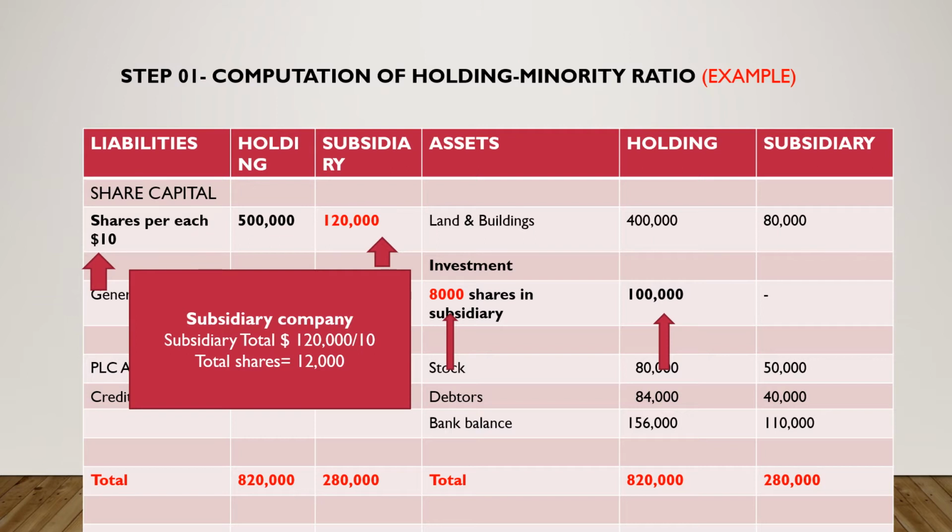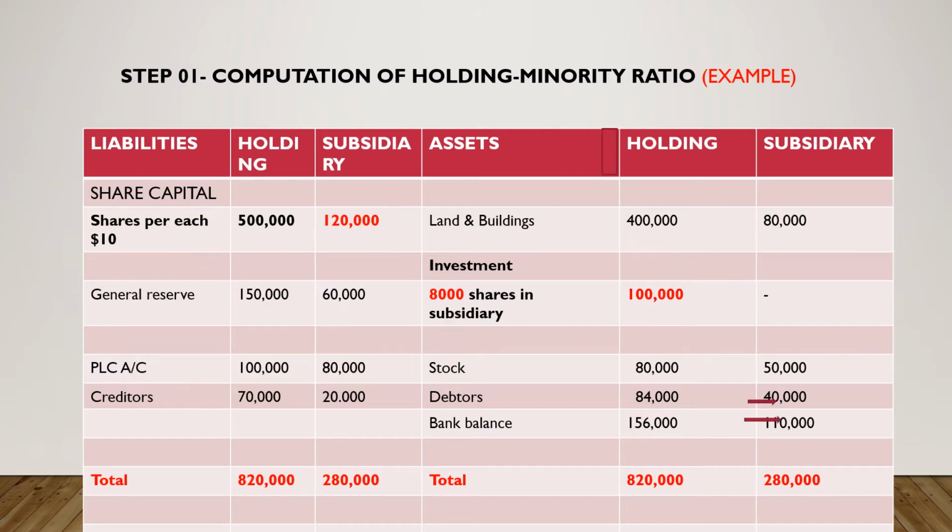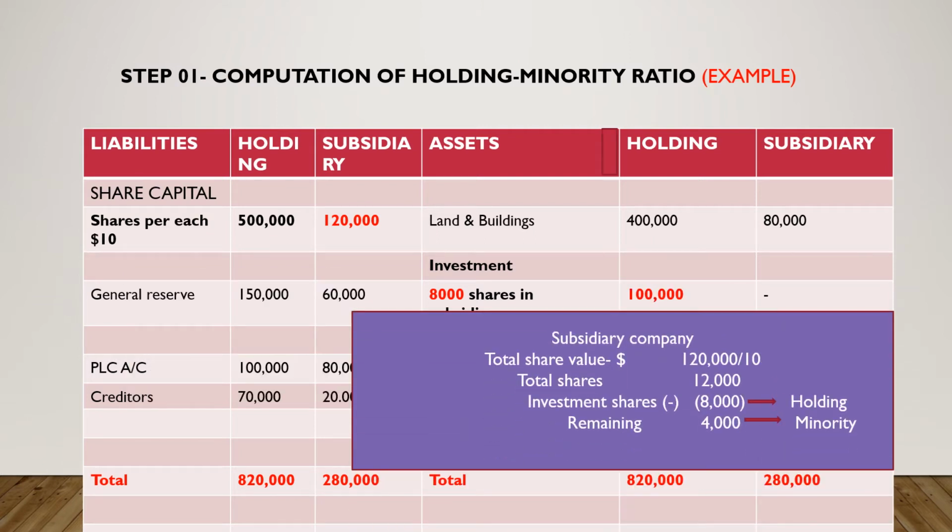That ratio between the holding and the rest of the shares is called the holding and minority ratio. Let me show the calculation of how to calculate the holding and minority ratio. Look at the balance sheet. Share capital of the subsidiary company is 120,000, and the share value is 10.